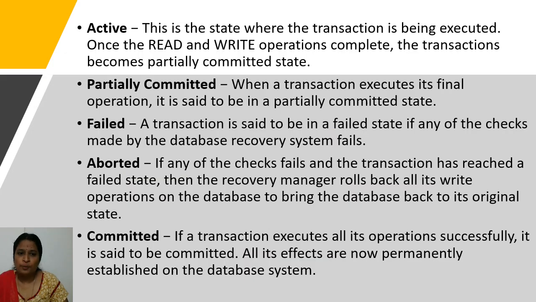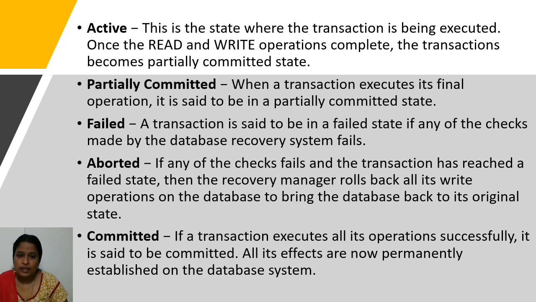Once again, I repeat. Active state: this is the state where the transaction is being executed. Partially committed: when a transaction executes its final operation, it is said to be in a partially committed state. Failed state: a transaction is said to be in a failed state if any of the checks made by the database recovery system fails.